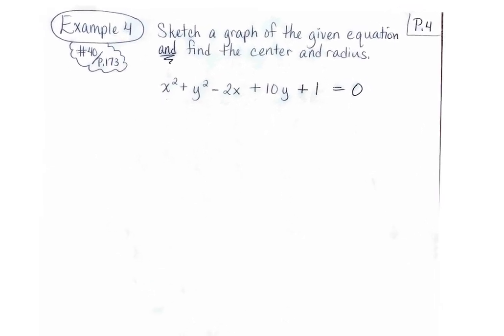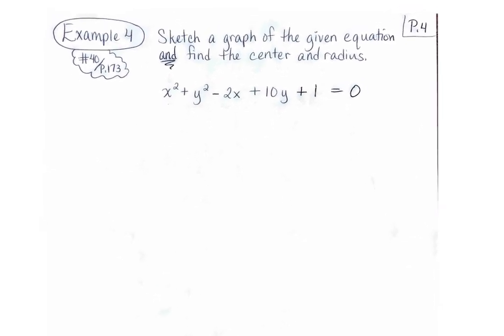Example 4 says sketch a graph of the given equation and find the center and radius. So, same instructions, but I gave you a different kind of equation, because I'm me. You have x squared plus y squared minus 2x plus 10y plus 1 equals 0. It's not in standard form.